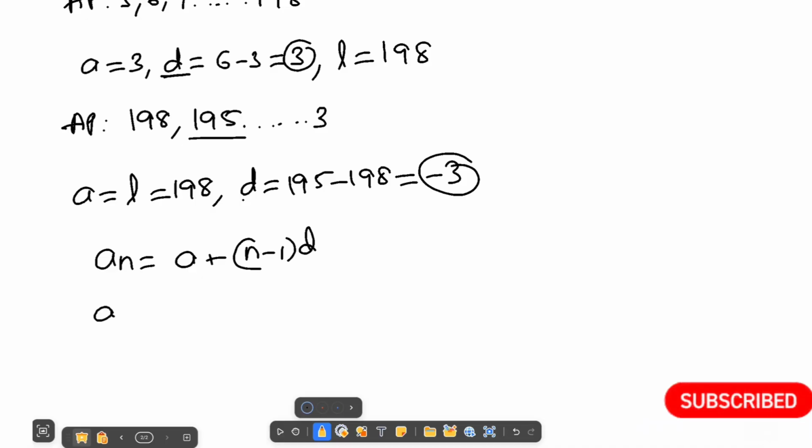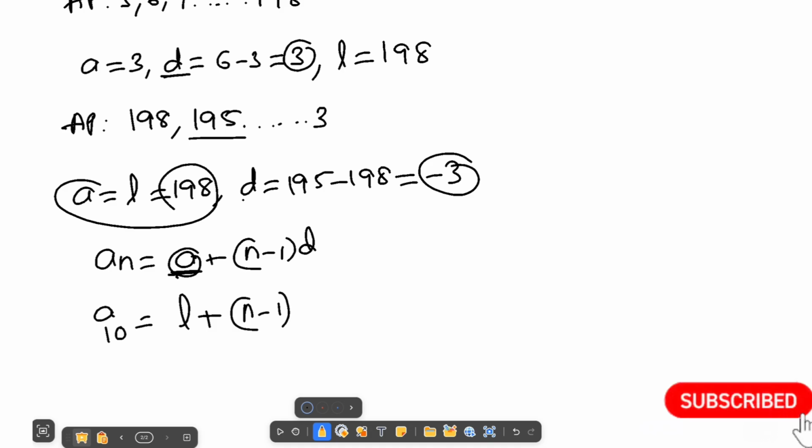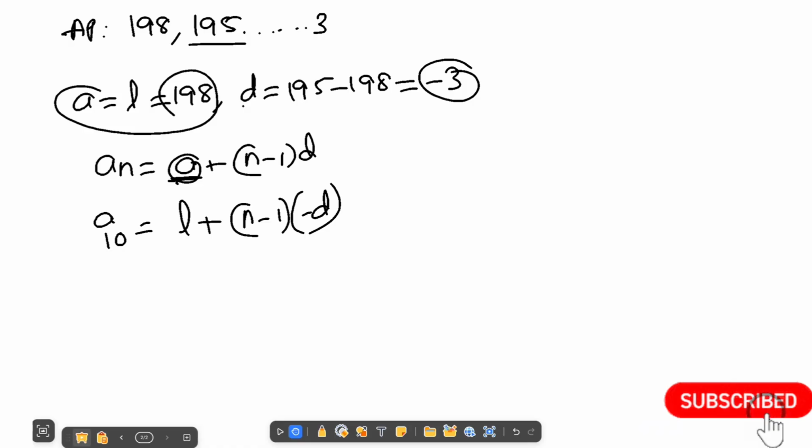So the nth term from the end is equal to a, which is 198, so in place of a we can write l, plus n minus 1 into minus d.